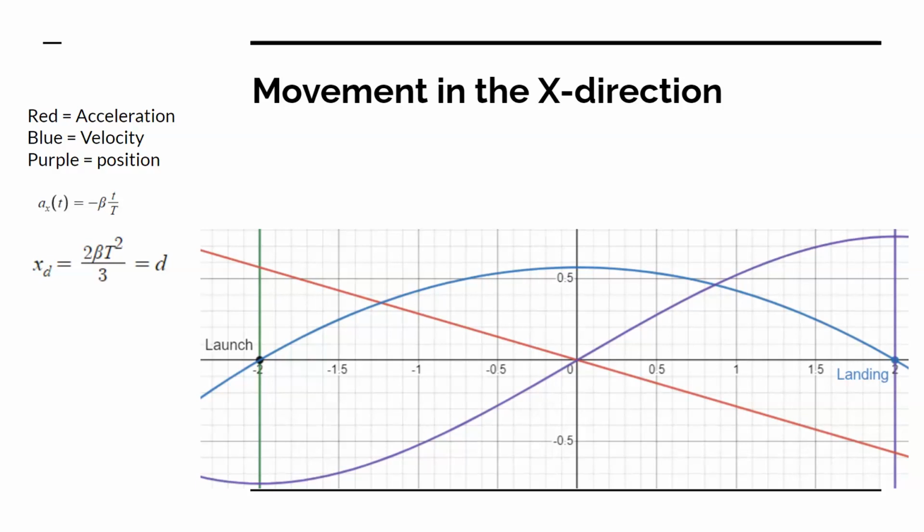The graph models that as time increases, the helicopter is moving positively in the x direction.